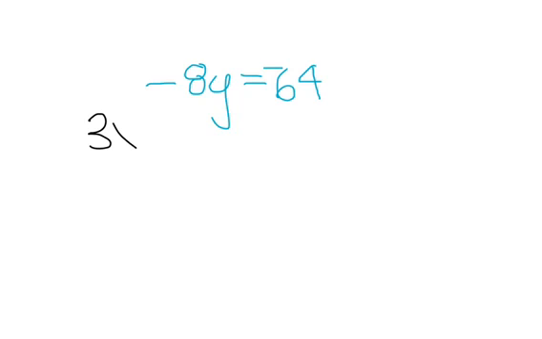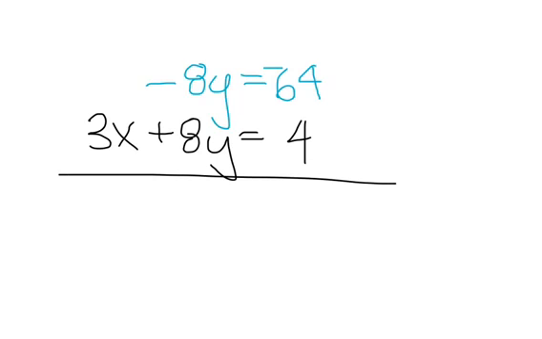When I do that, I'm going to have negative 8y equals negative 64, and the other equation was 3x plus 8y equals 4.